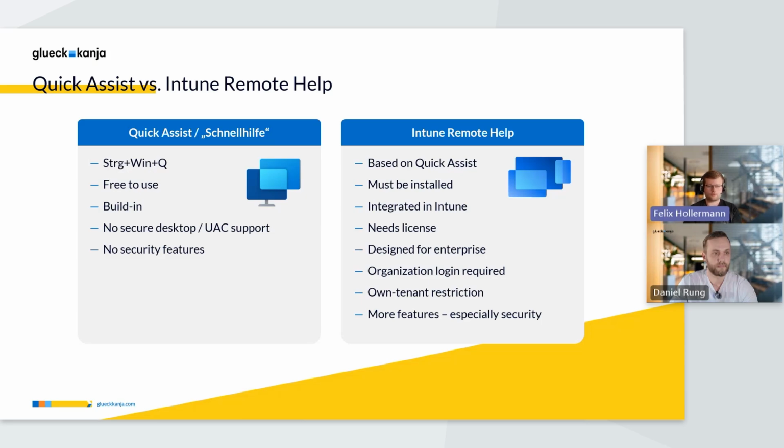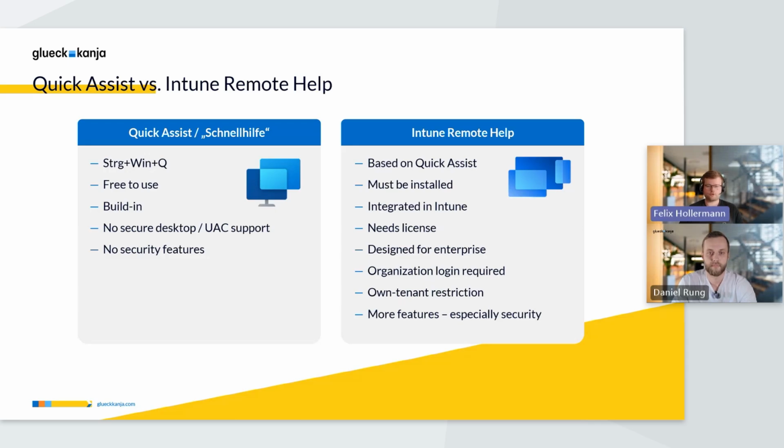You can start it with Control, Windows, and Q. It's free to use. It's built in the Windows OS. But there's no secure desktop or UAC support, so it's okay when you must help your grandma in the evening in a browser problem. And there are no security features.